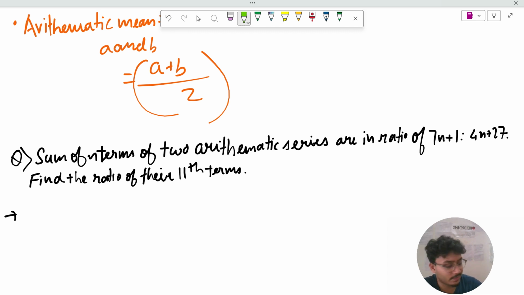So what do we know? We have the sum of two series. For the first series, let A1 be the first term and D1 be the common difference.